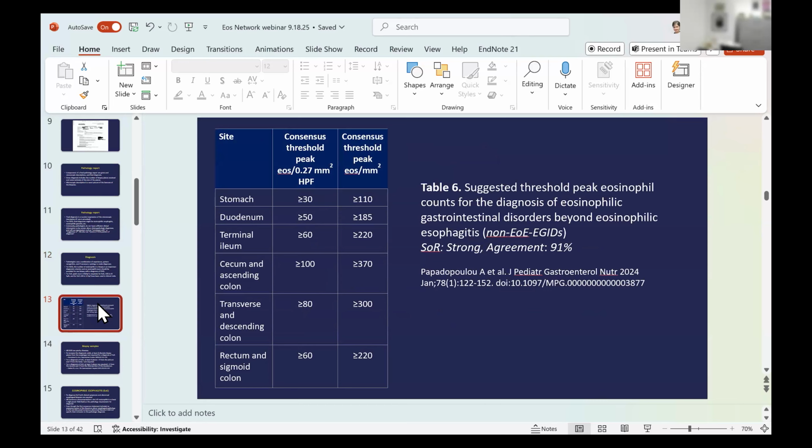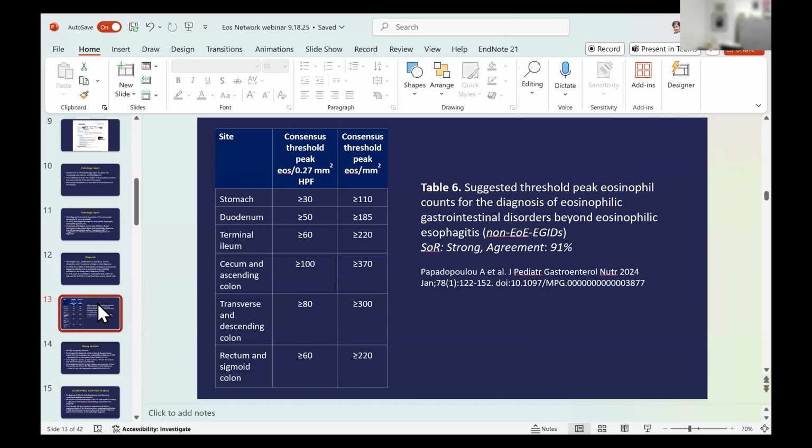We don't yet have criteria for the peak eosinophil count that is as well agreed upon for the rest of EGID as we do for the esophagus. Everybody accepts 15 eosinophils per high power field as the criterion for eosinophilic esophagitis.